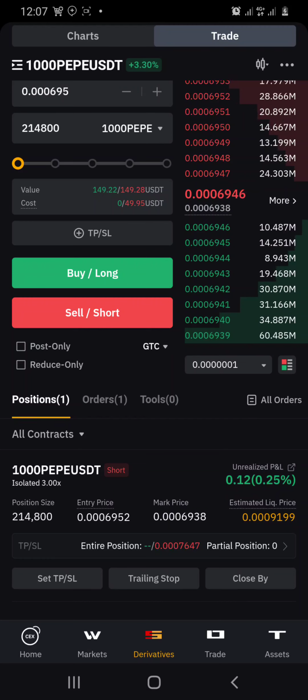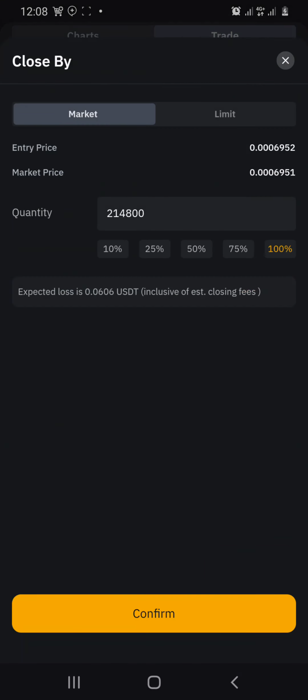I would have shown you, but the trade is not on this account. I use my sub accounts for my futures. You can see we're already in profit again, but I'm not interested in opening another trade. I just wanted to give you illustrations of how futures work. So I'll close the trade now.